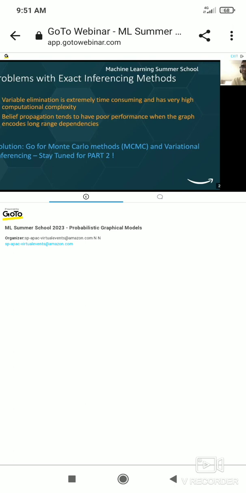That is where we come across the need for a different approach to performing inference on Bayesian networks. Two possible solutions emerge: Monte Carlo methods such as Markov chain Monte Carlo sampling, and the second approach being variational inference. Both of these will be discussed in greater detail in part 2 of this presentation.